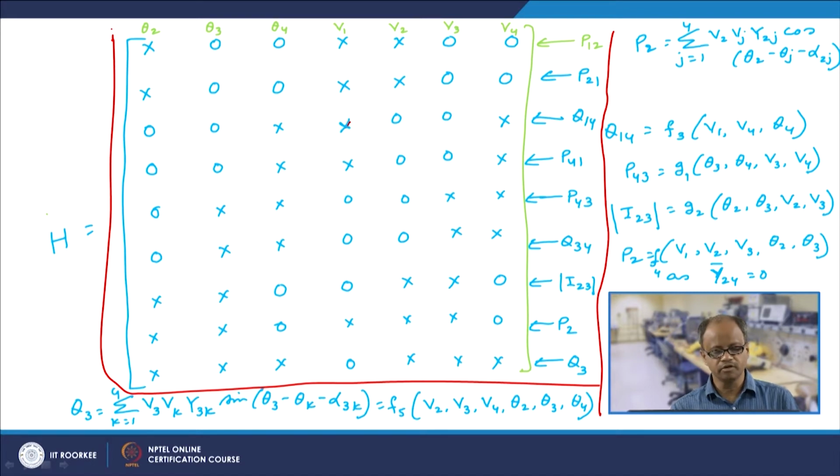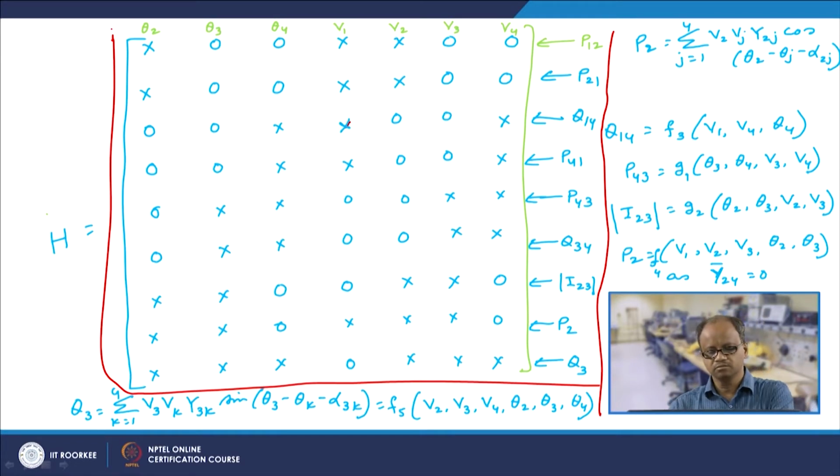Here in this case we have taken a very simple example, only a 4 bus system, but if we take a large system, then this matrix also would be a sparse matrix. So then we can also apply here these sparsity techniques what we have already discussed earlier.